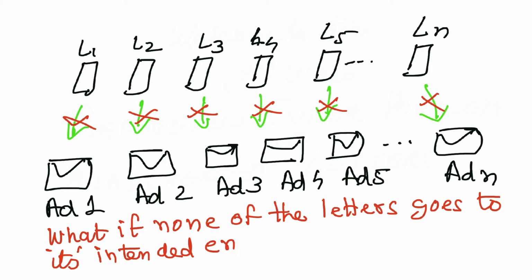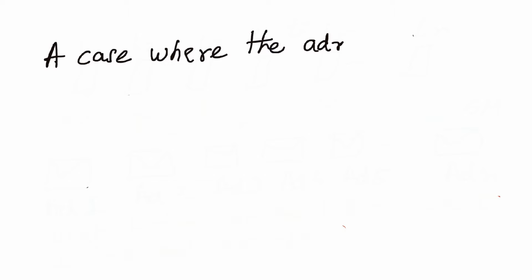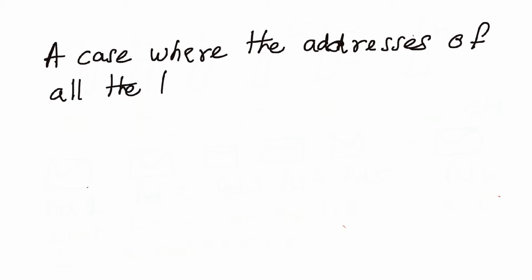This is what is basically meant by the Bernoulli Euler problem, and we'll be looking at this interesting case in Permutations and Combinations. So it's a case where the addresses are wrong, which means that the letters are kept in the wrongly addressed envelope.